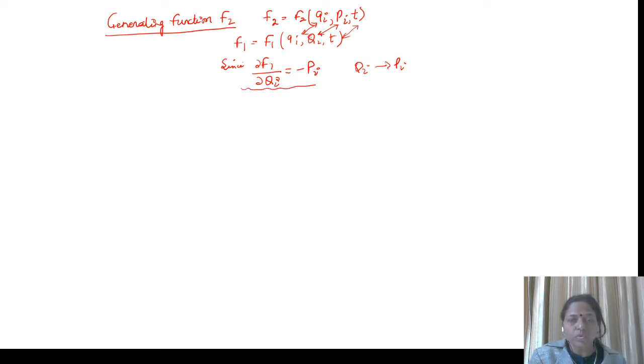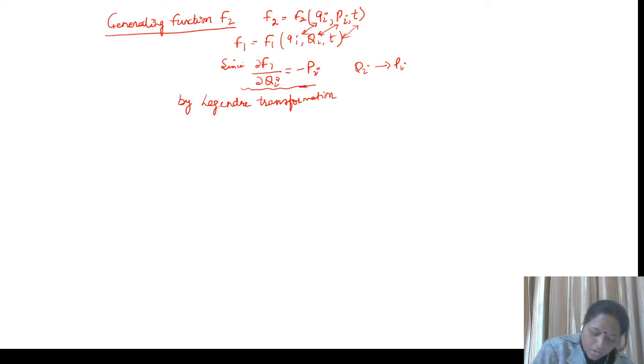It simply means you can define a new function f2 in terms of f1. How will we take that function? By Legendre transformation, because this is the condition for the existence of a Legendre transformation. By Legendre transformation, define f2.